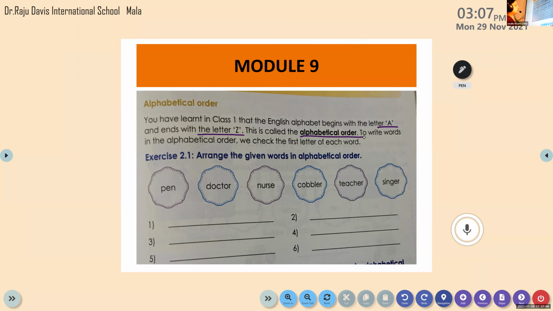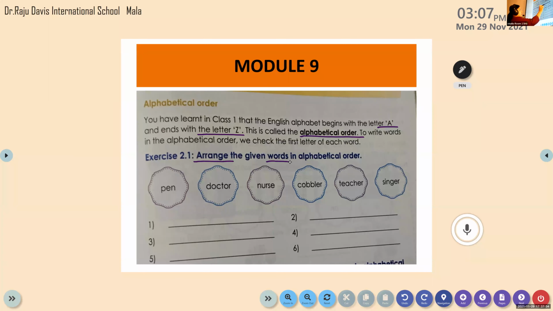What is it called? Alphabetical order. The arrangement of all these 26 letters from A to Z is called the alphabetical order.